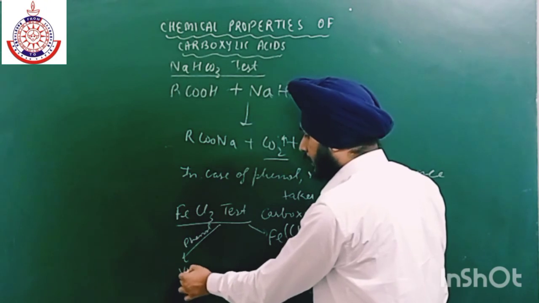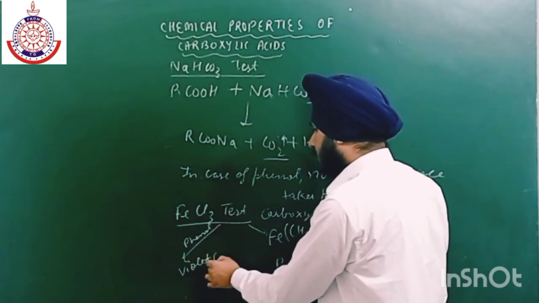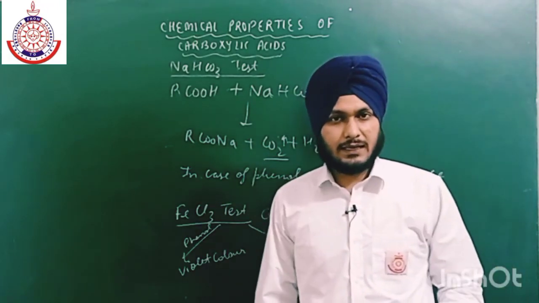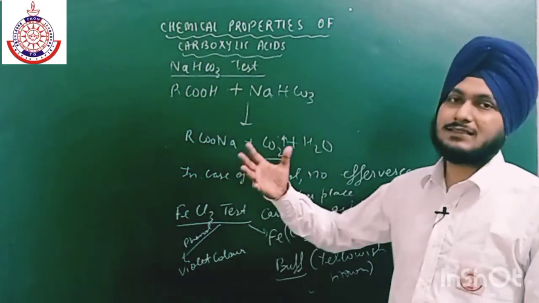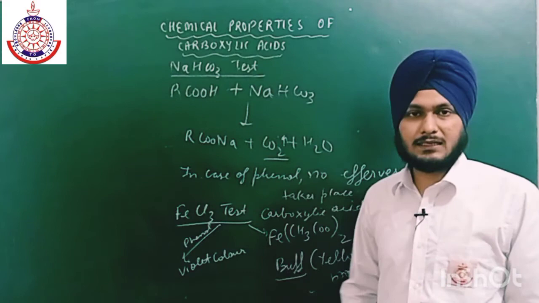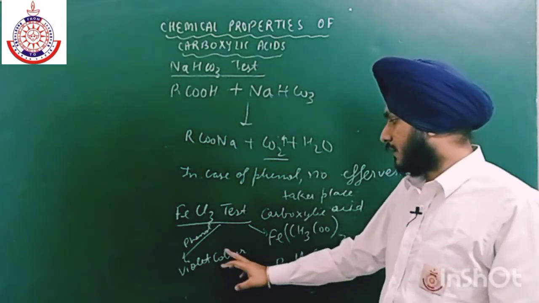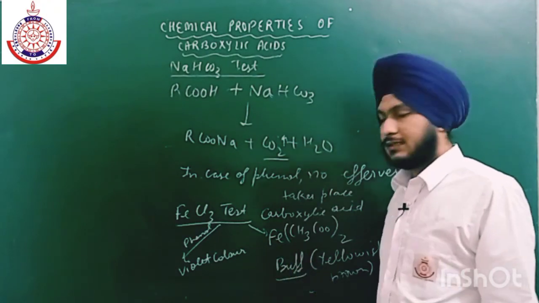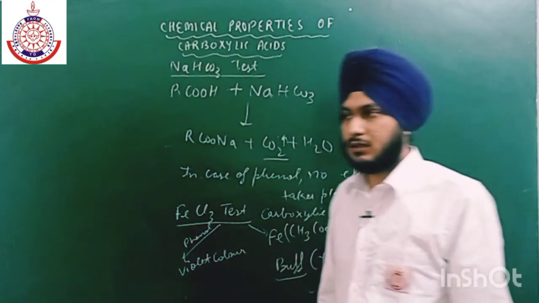So we can easily distinguish by just reacting carboxylic acid as well as phenol with FeCl3. In case of phenol we will get violet color, and in case of carboxylic acid we will get this buff color, yellowish brown color.